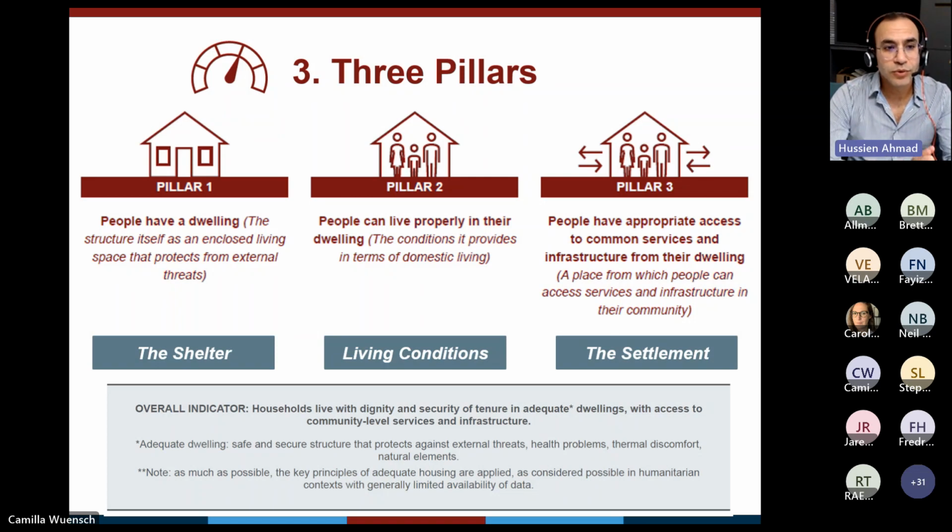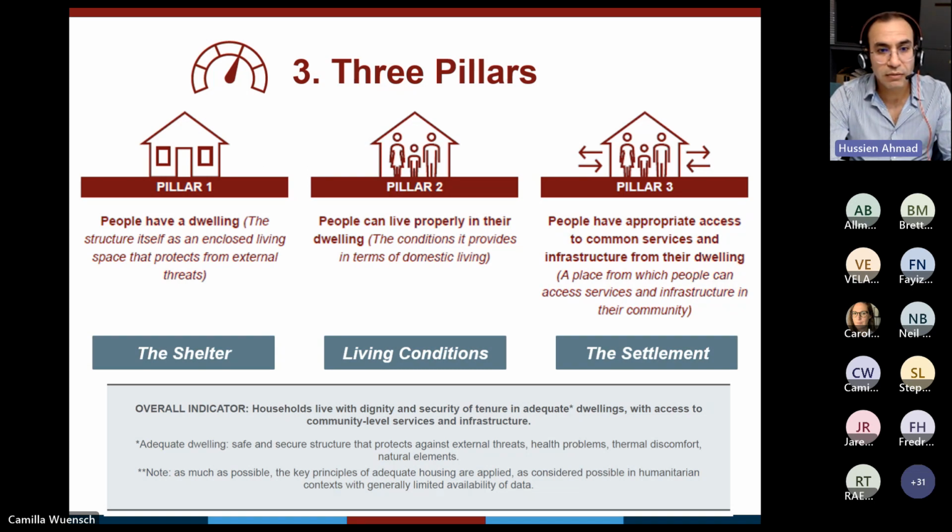The second pillar is where people are able to properly live in their dwelling, and this is translated into the living conditions. The third pillar is whether they have appropriate access to the community and common services and infrastructure surrounding their dwelling or shelter, and this is translated into the settlement itself.